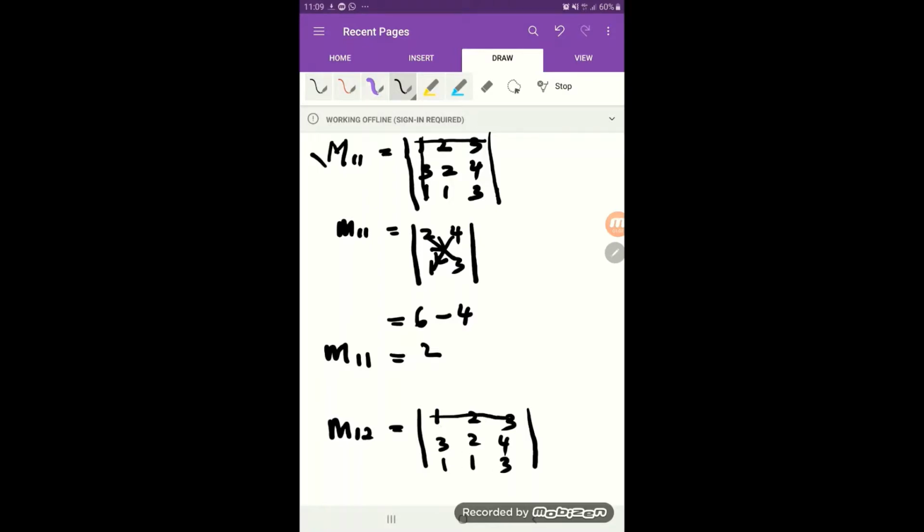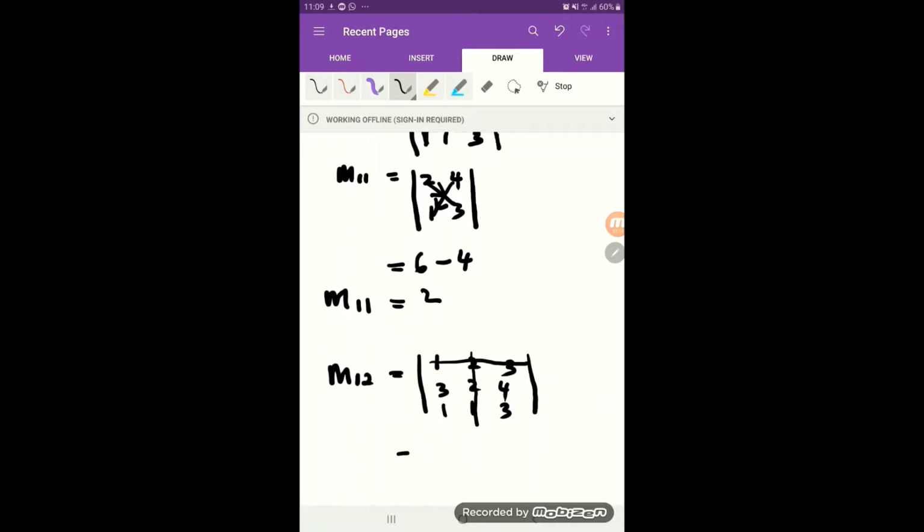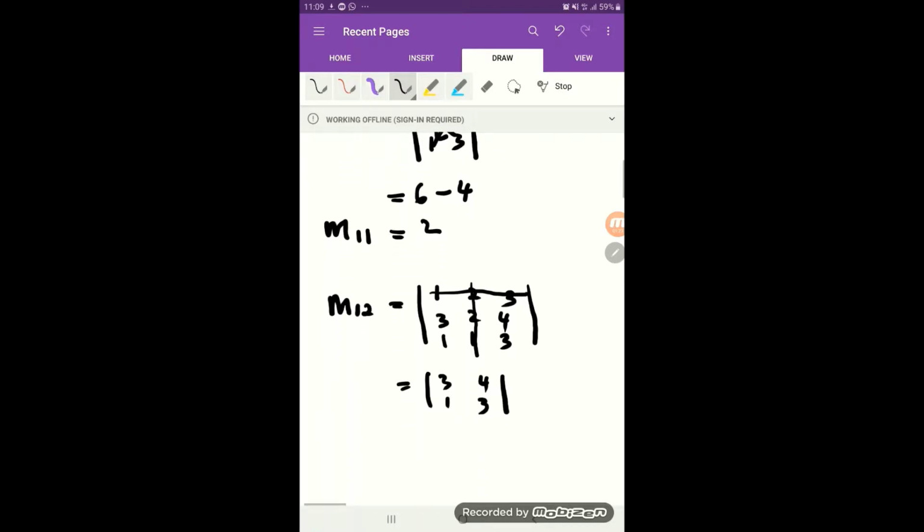Deleting the first row and the second column, we rewrite the elements not deleted here: 3, 4, 1, 3. So, this is M12. And we calculate again. 3 times 3, 9, minus 4 times 1, 4. So, the answer is 5.